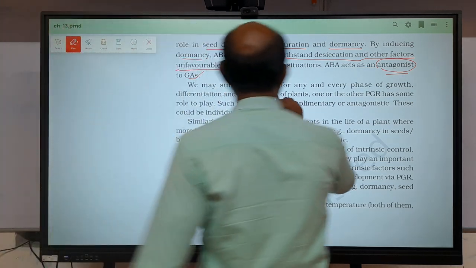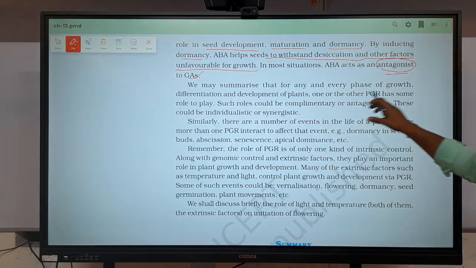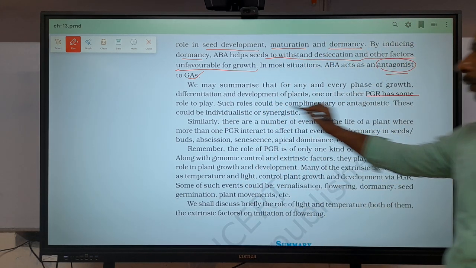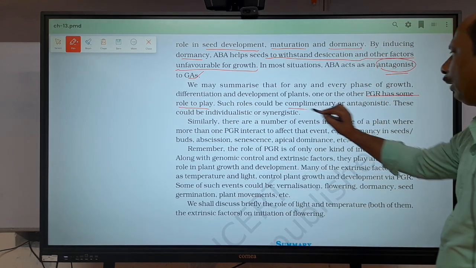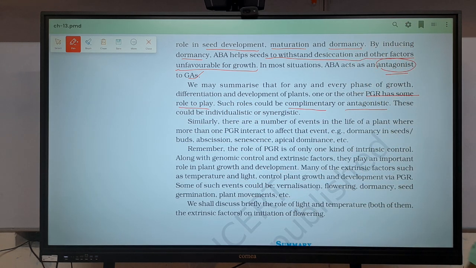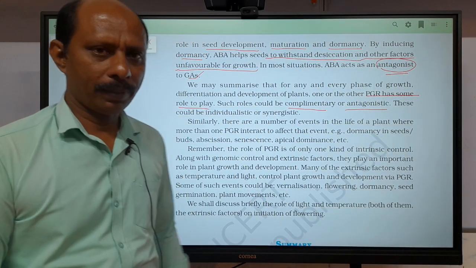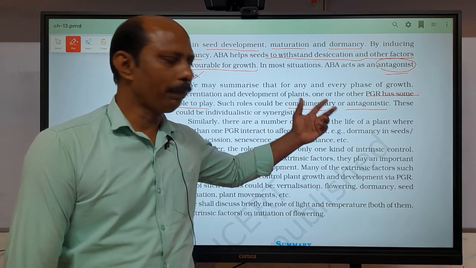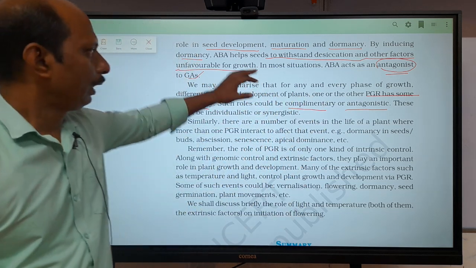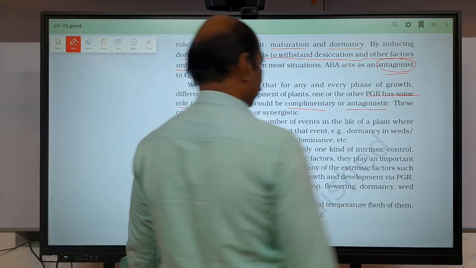So we may summarize that for any and every phase of growth, differentiation and development of a plant, one or other PGR has some role to play. Such roles could be complementary or antagonistic, right? GA and auxin are complementary, but auxin and cytokinins are antagonistic in nature. Like ABA and GA, they are antagonistic in nature, right?